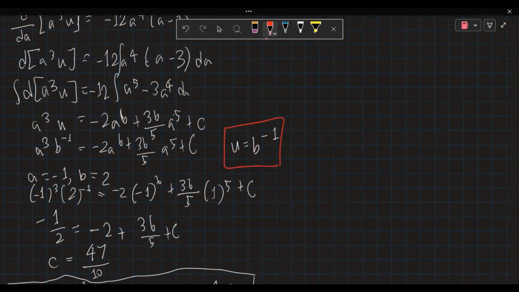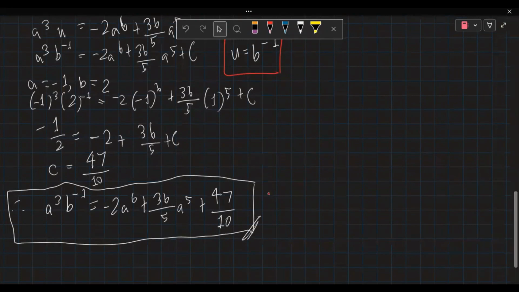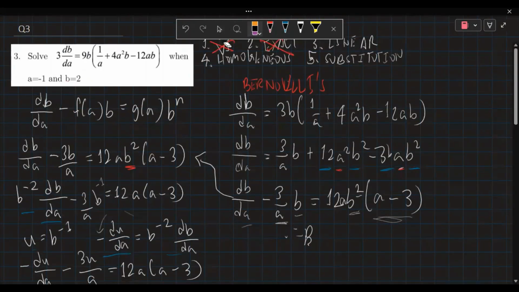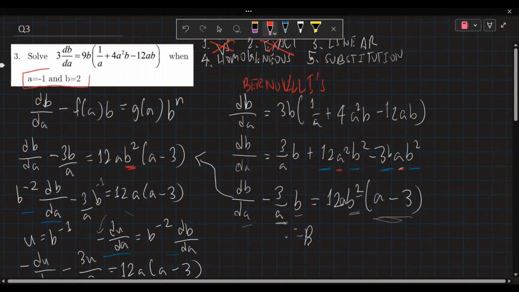And then we substitute it back ulit to our original term, so yung b. And then we see from the problem before that they have given us values that we can use to solve for the constant of integration.